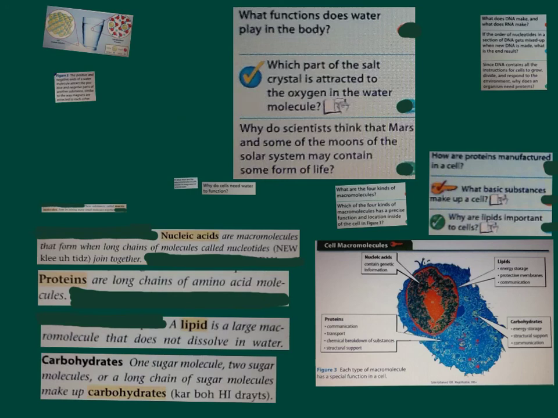The third one I want you to write down is why do scientists think that Mars and some of the moons of the solar system may contain some form of life? That would be this one here. I want you to write all 3 of those down. I want you to answer them to the best of your ability. This one here is probably more of a, okay, I think this is what had happened, or I think this is why, and that's what you're going to write down.